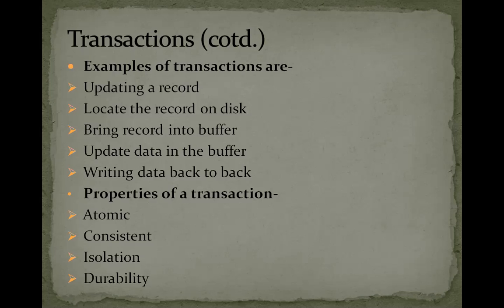So the second property is known as isolation. Isolation is also known as serializability. This isolation property ensures that if there are certain transactions which are concurrently executing, they should not interfere with each other.